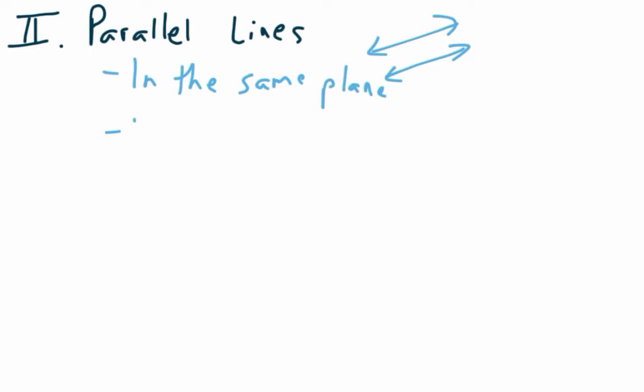But they have no points in common. So if we're looking at those ones that I drew before, they should just keep going forever in both directions and never cross, so they have no points in common.